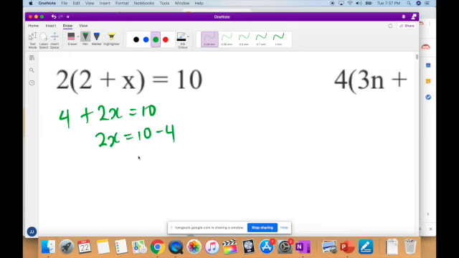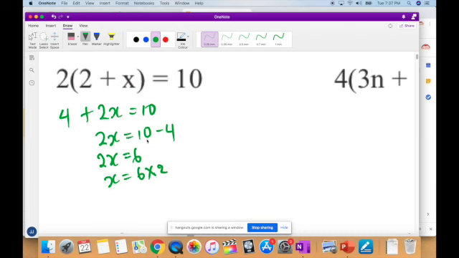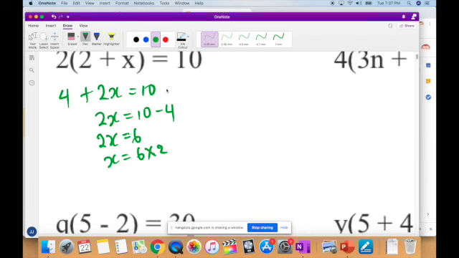That's correct. And then 2x equal to 6, then transpose the 2. And then x is equal to 4. No, 3, sorry. Alright, 3 2s are 6.